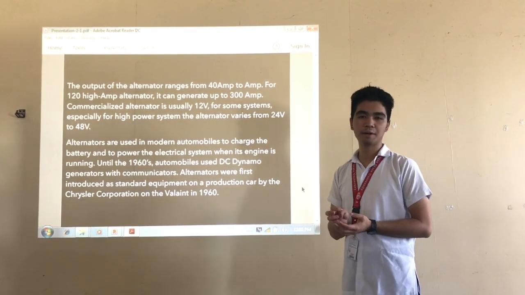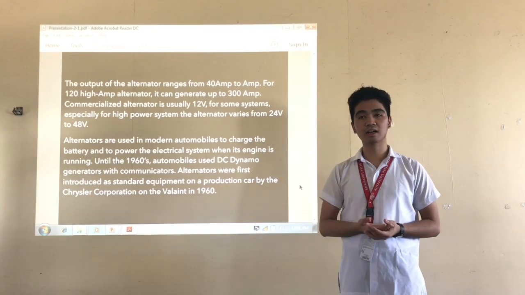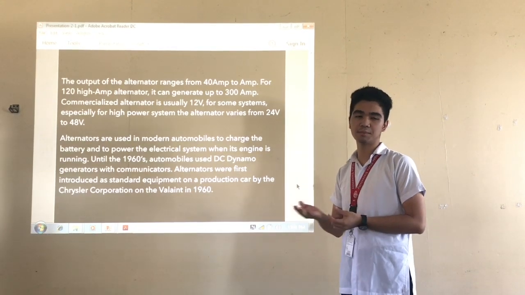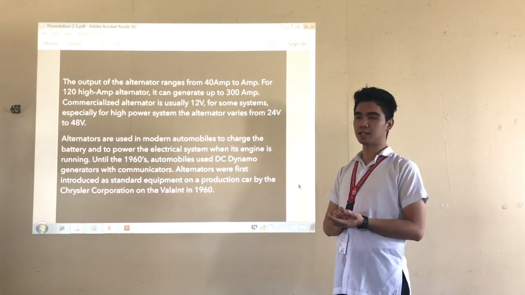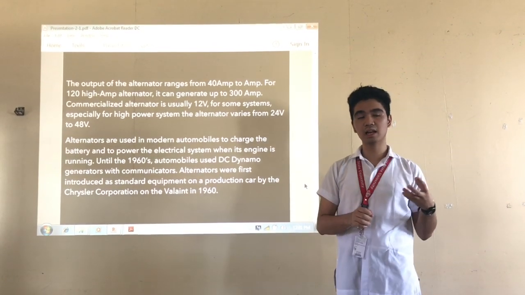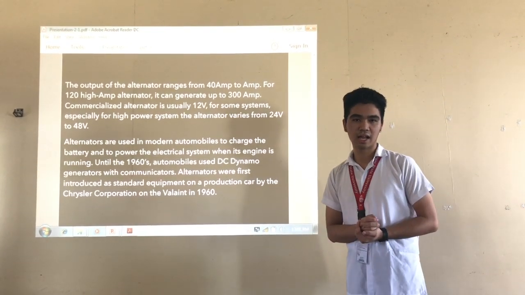When the car's engine is running, the alternator's purpose is to recharge the battery. It means the alternator converts mechanical energy into electrical energy.